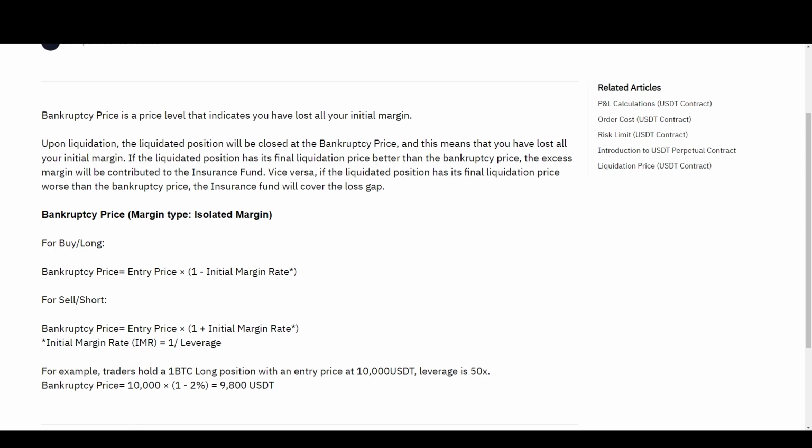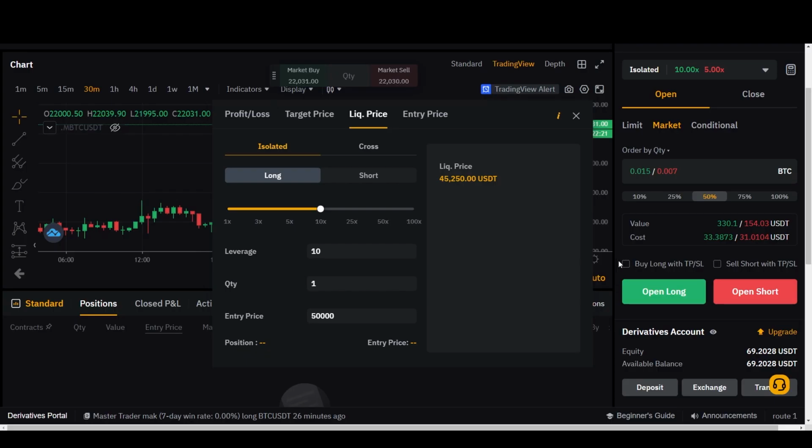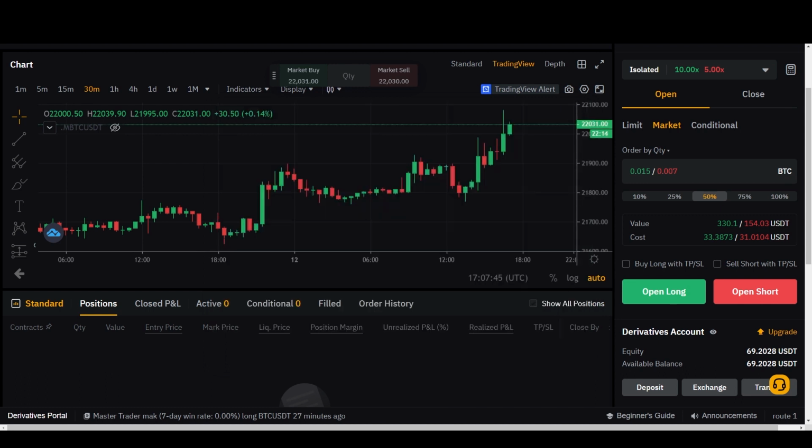It makes no sense. Liquidation price makes sense. Bankruptcy price does not make sense.